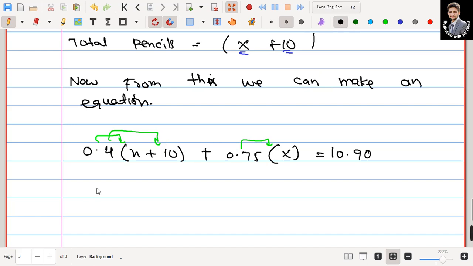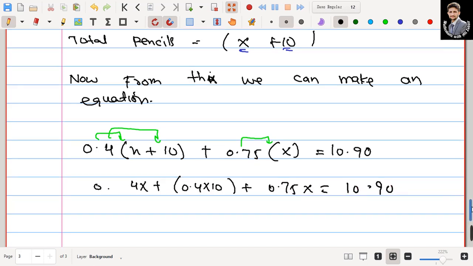So after multiplying I will get 0.4x plus 0.4 into 10 plus 0.75x, this is equal to 10.90.